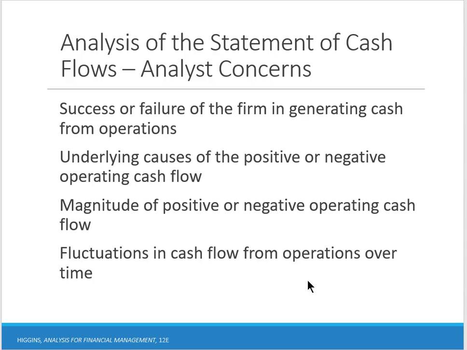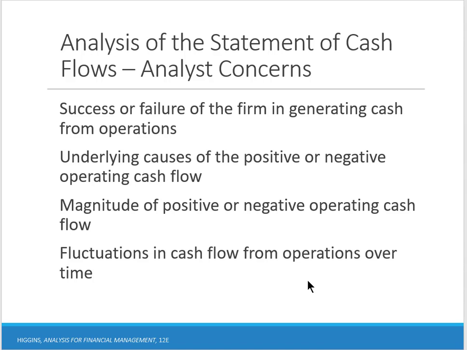So in the end, what is our final concern? The success or failure of the firm relies on generating cash from operations, right? We need to identify what the underlying causes of positive or negative operating cash flows are.